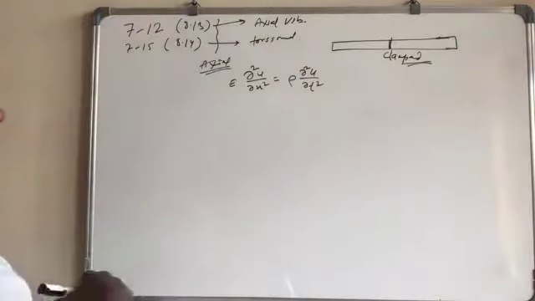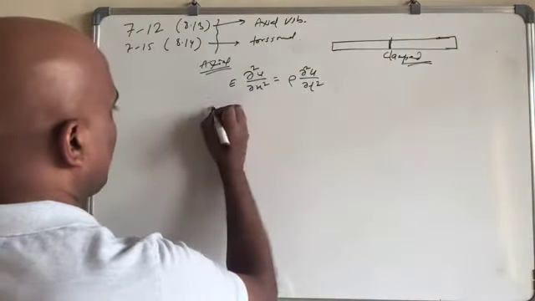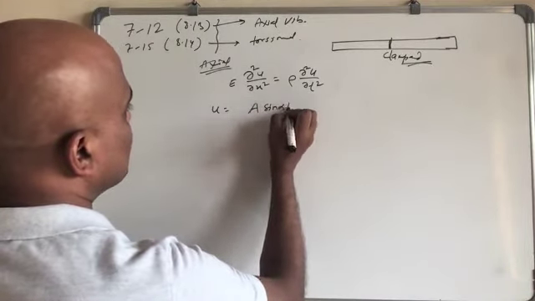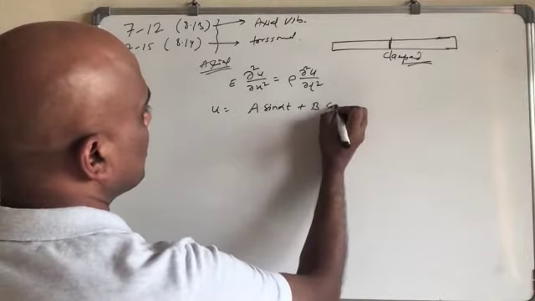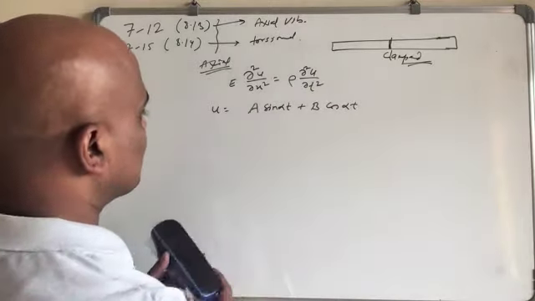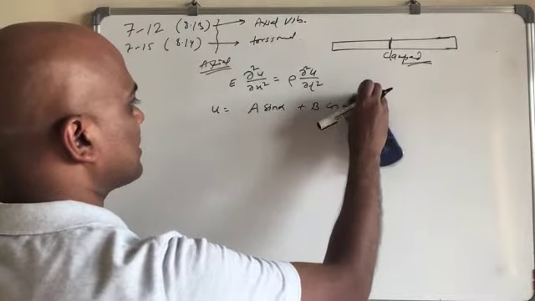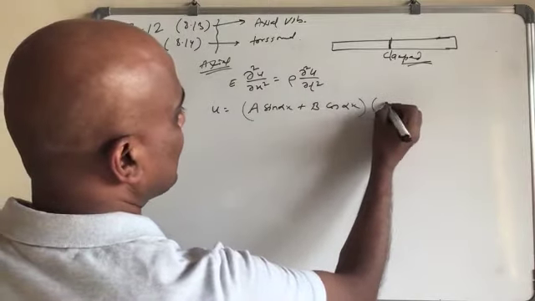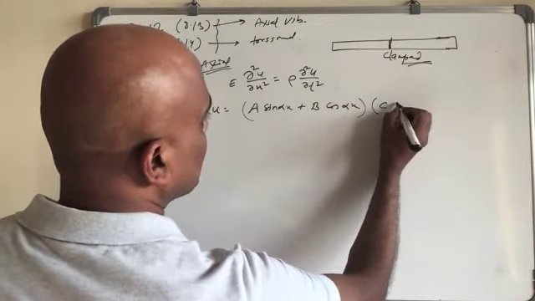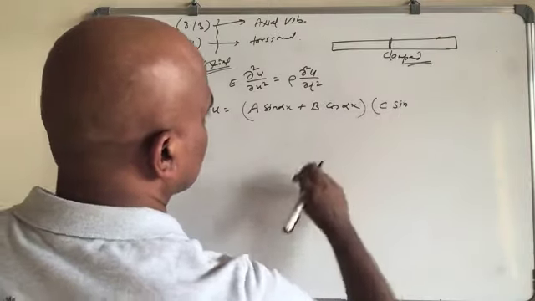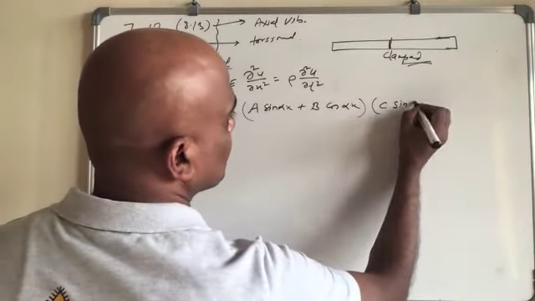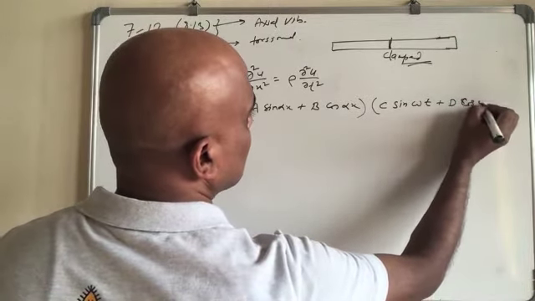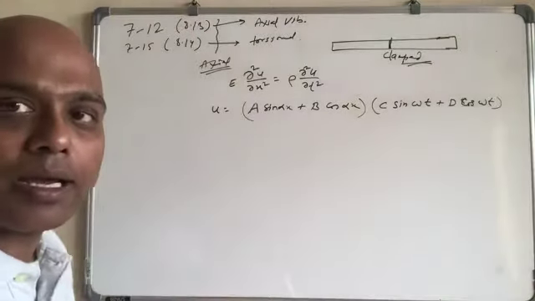Our solution will be similar: A sine alpha x plus B cos alpha x, and then C sine omega t plus D cos omega t. So this is the general equation.